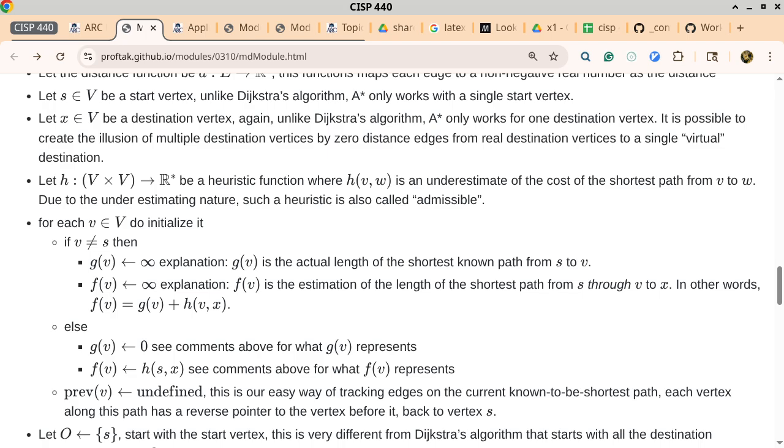That's the purpose of previous. So previous of V, regardless of whether V itself is the destination or not, is always initialized as undefined. Later on, we'll start to give it values, but initially it is undefined. So are we still doing okay so far?